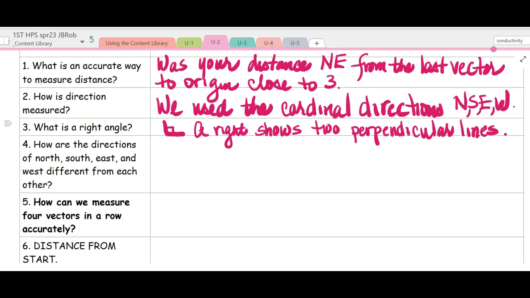How are the directions of north, south, east, and west different from each other? Well, north and south are 180 degrees. So if we have north up here, south down here, this is 180 degrees, a straight line.